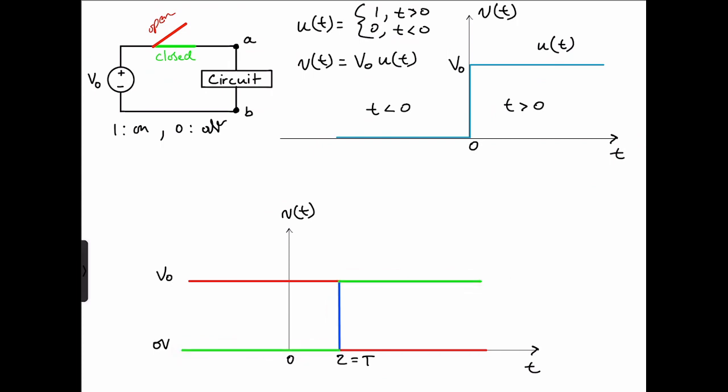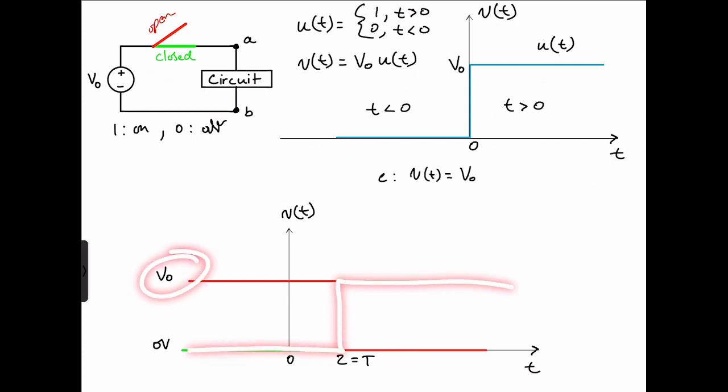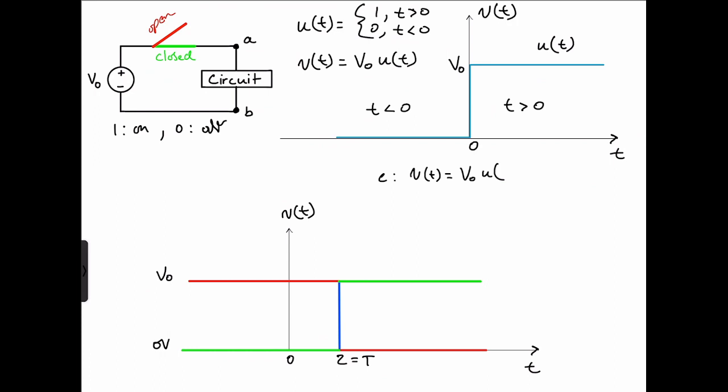That can mathematically be expressed as, let's put C for closed, and fully write that out: V of t is equal to V0 times U of t minus 3. The difference is the minus 3; let's first make this minus 0.